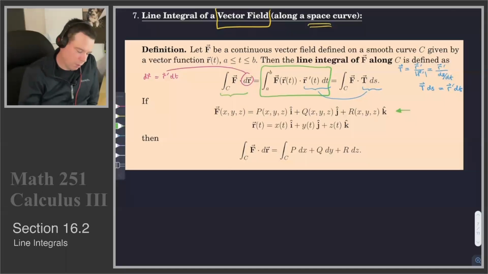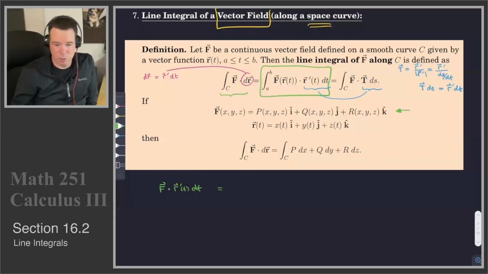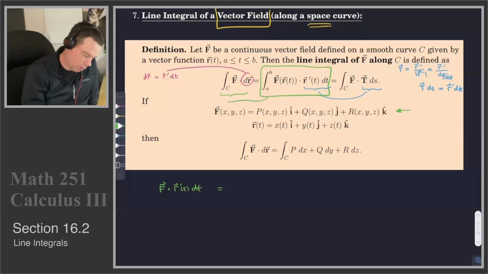And so if I want to work out the integral in that green box, what I'm really interested in is f dot r prime of t dt. So that's the thing I'm really interested in. That's my integrand.